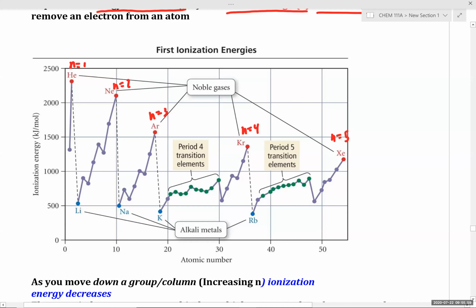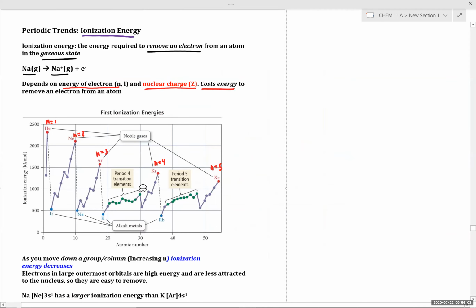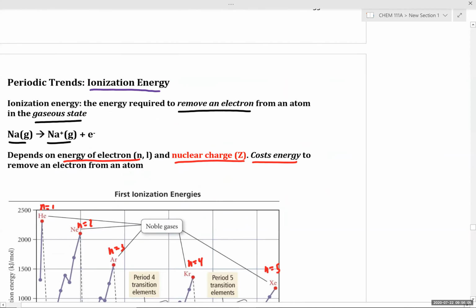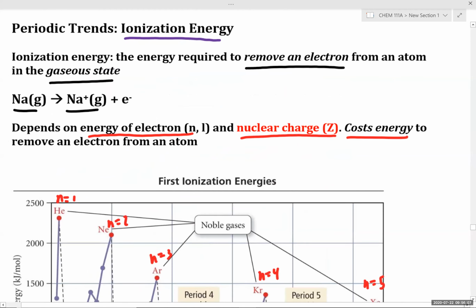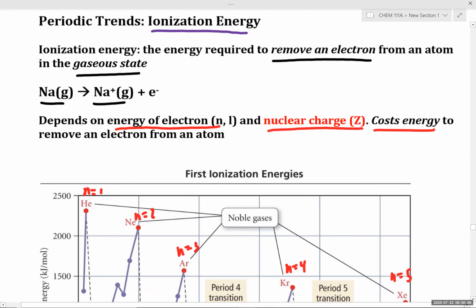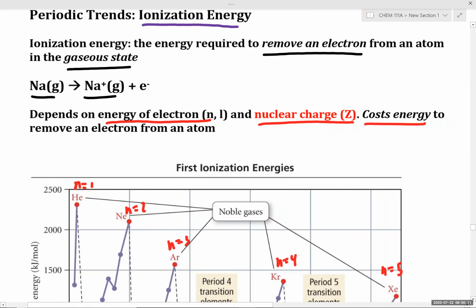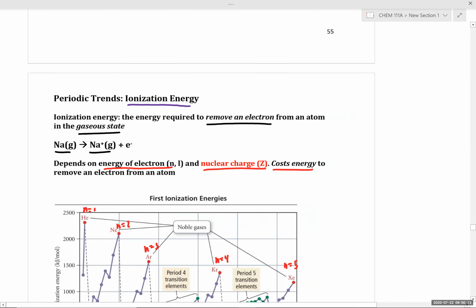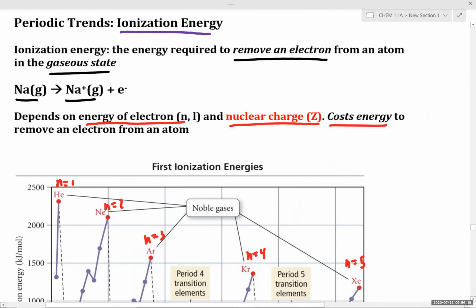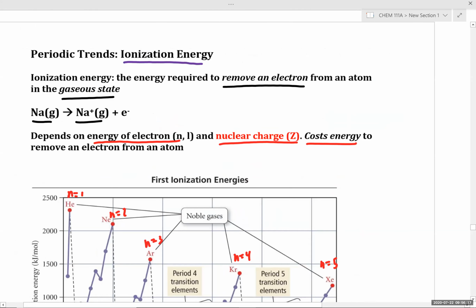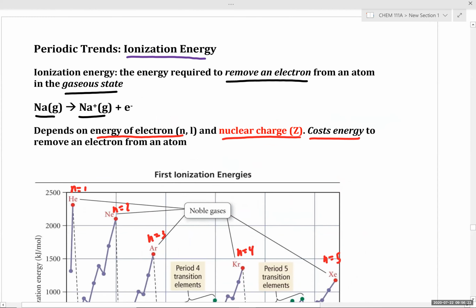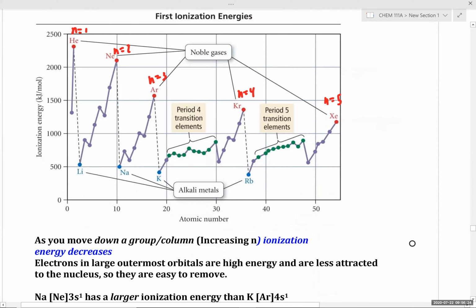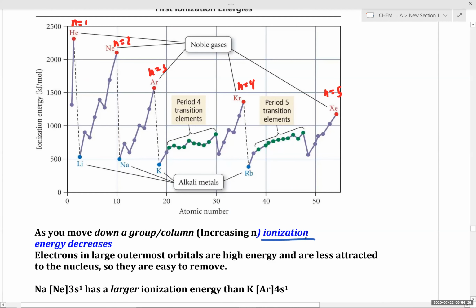So as you move down a group or column in the periodic table, ionization energy decreases.